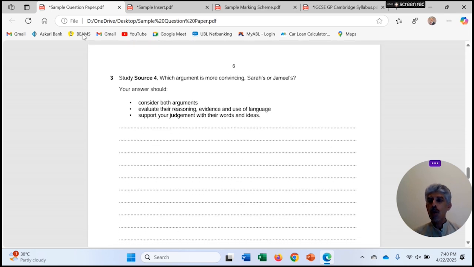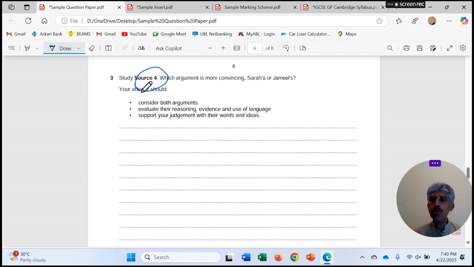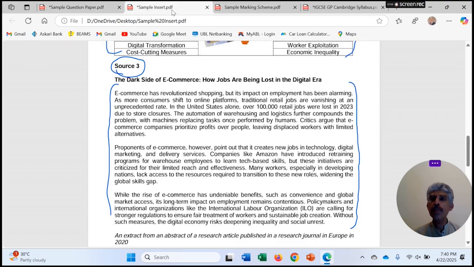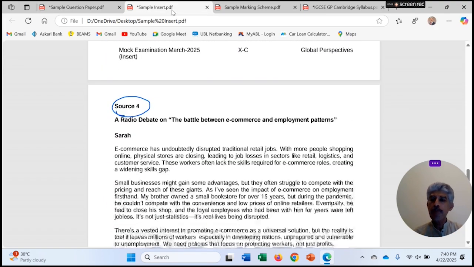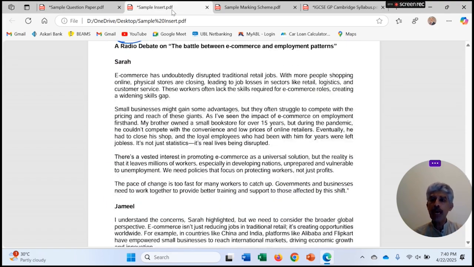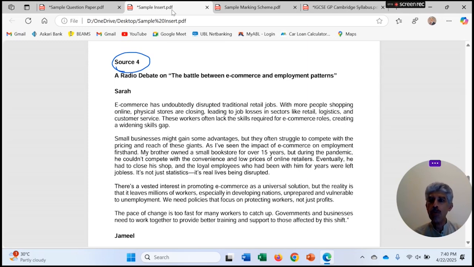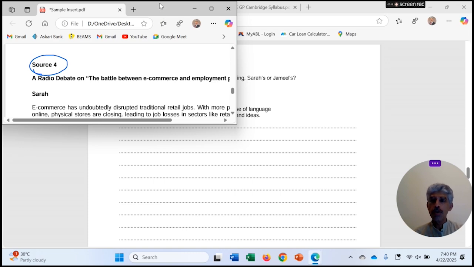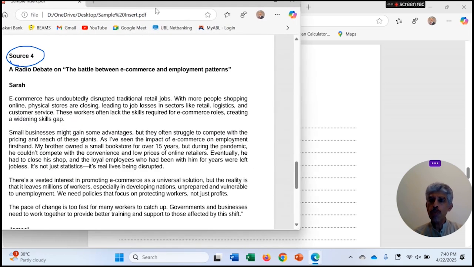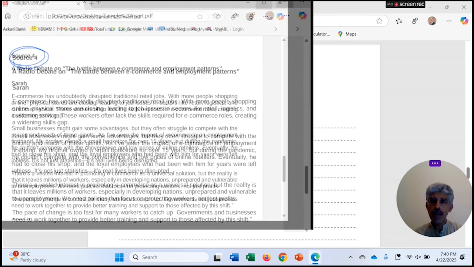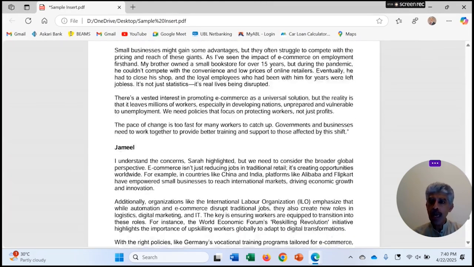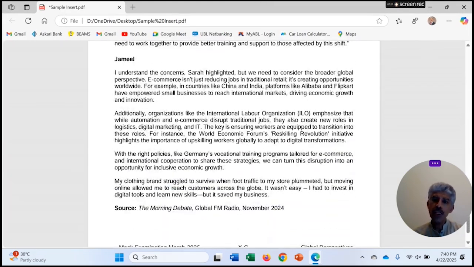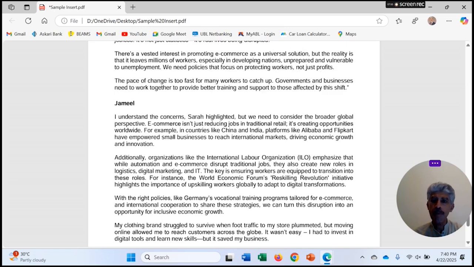Question number 3 is related to source 4 of the insert, the debate between two people. As you can see, in this particular question there is a debate between two persons, Sarah and Jamil, on the issue of employment.